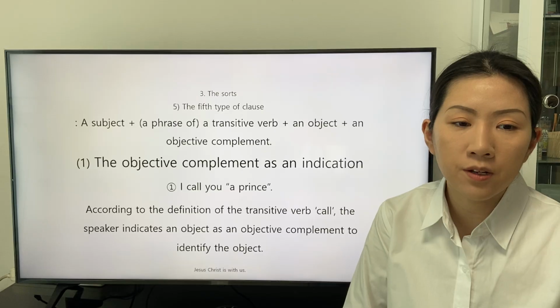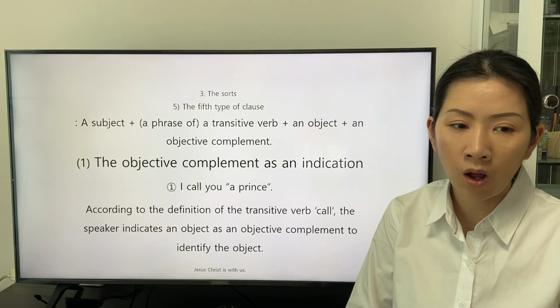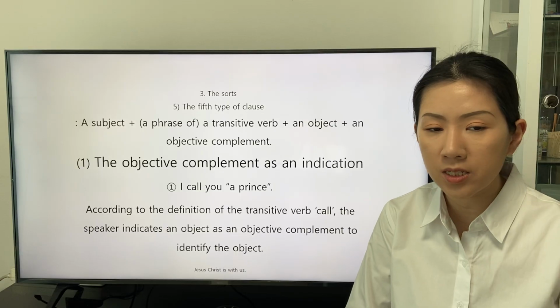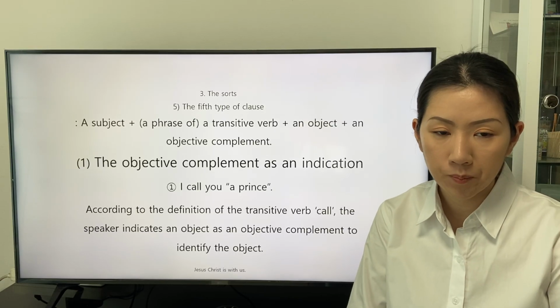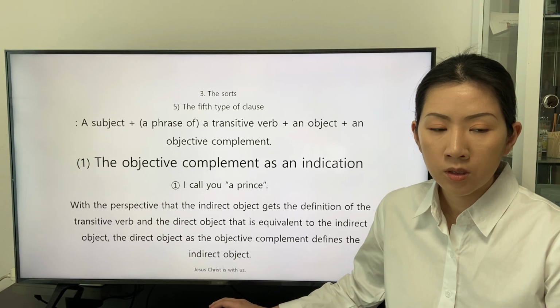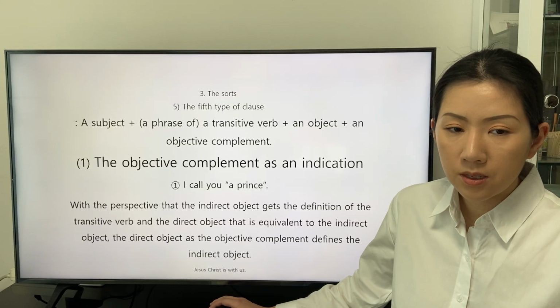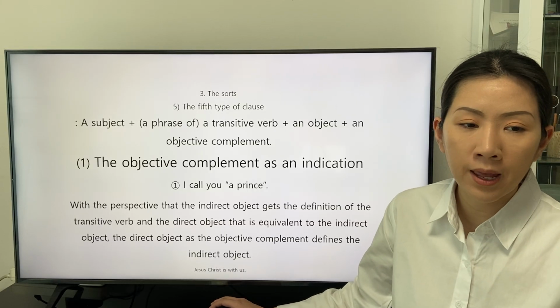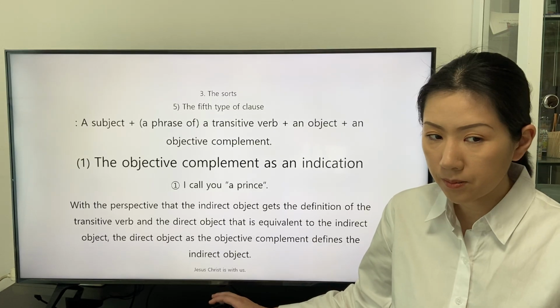According to the definition of the transitive verb call, the speaker indicates an object as an objective complement to identify the object. With the perspective that the indirect object gets the definition of the transitive verb and the direct object that is equivalent to the indirect object.